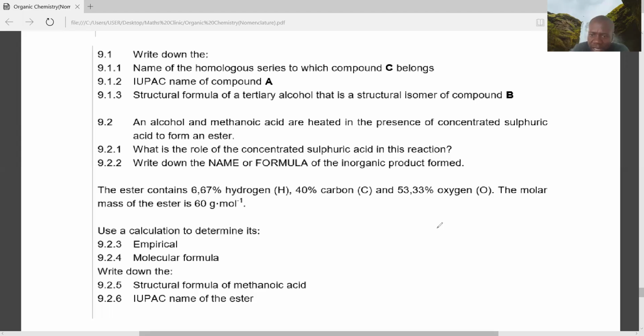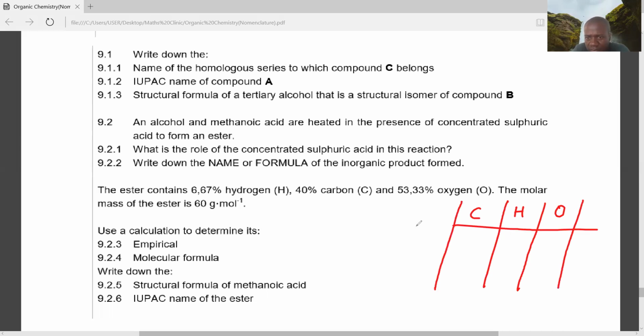Okay guys, I apologize, connection issues. Let's continue. We have carbon, hydrogen, and oxygen. The masses are 40 grams, 6.67, and 53.33.